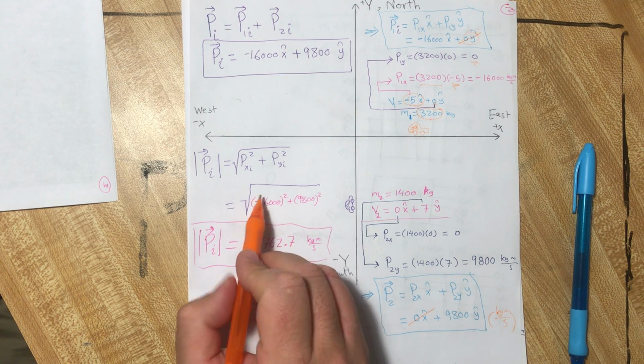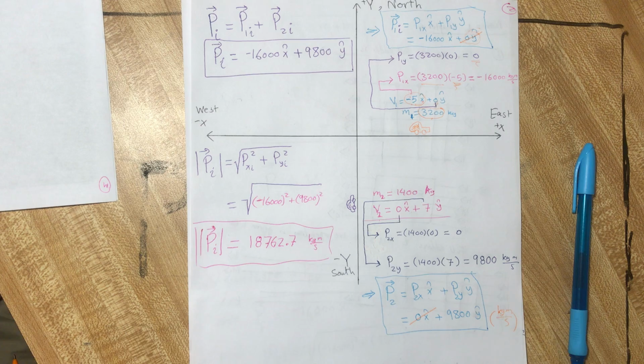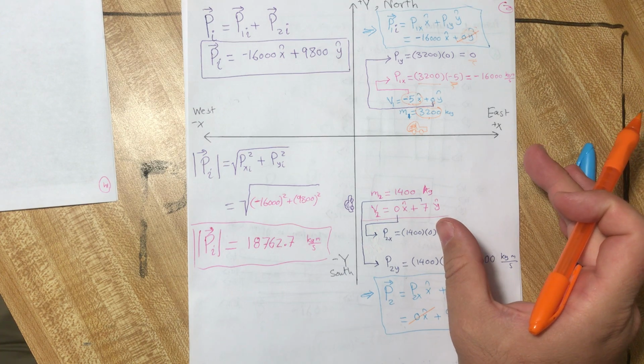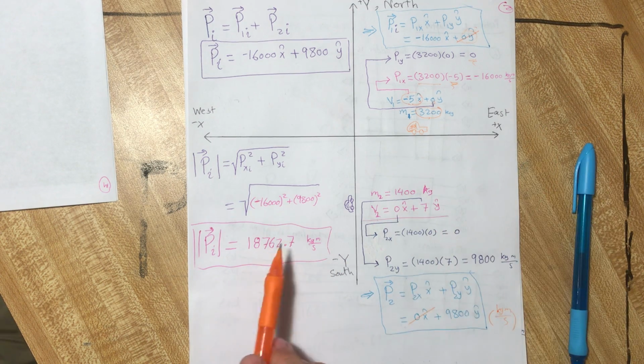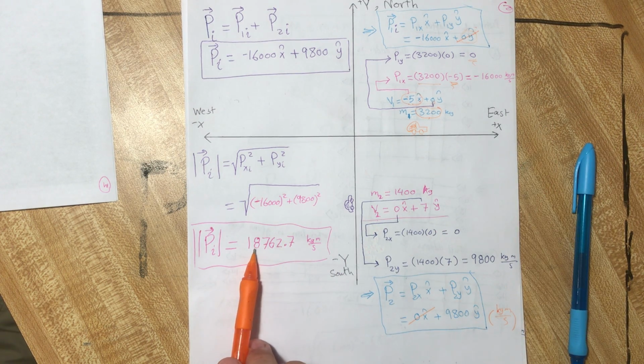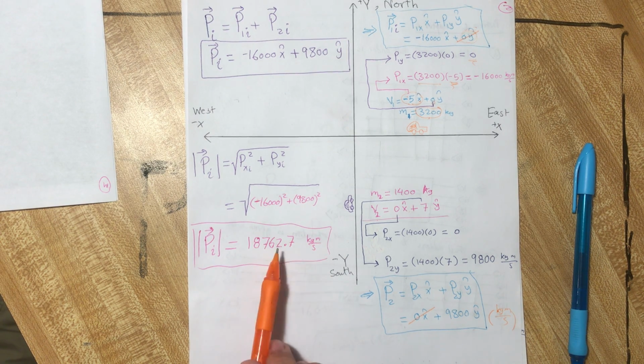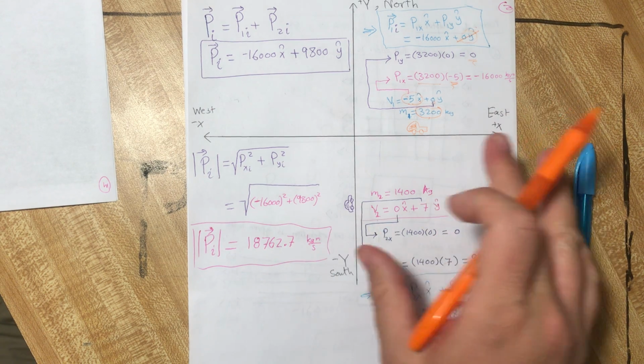After squaring, the minus sign will be positive. Then the momentum for this system before the collision is 18,762.7 kilogram meters per second. This is the magnitude of the momentum for our system before the collision.